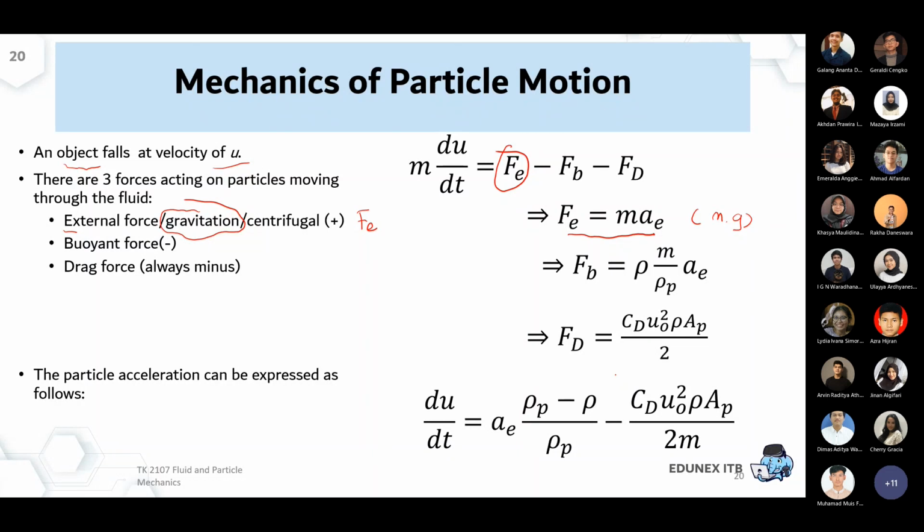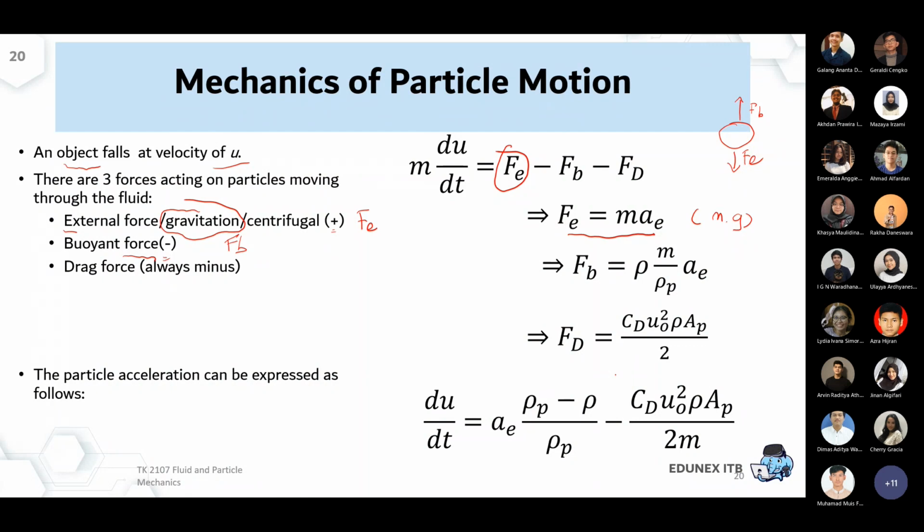And then the second force acting on the particle is the buoyant force. Again, imagine the direction: gravity is the Fe, and the buoyant force will be in the opposite direction to the external force, to the gravity force. So the notation for buoyant force is negative if gravity is positive, or the other way around.